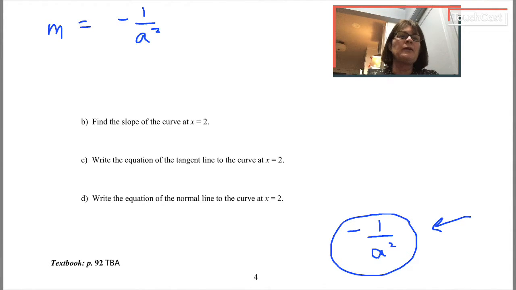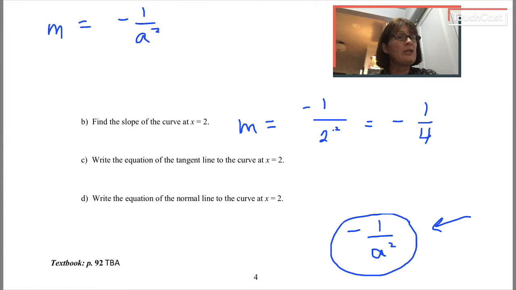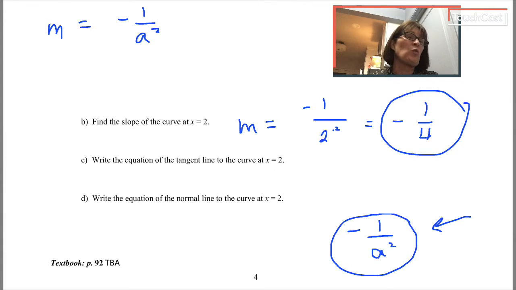Now I could use my formula. If I want to find the slope when x equals 2, m is going to equal negative 1 over 2 squared, which is negative 1/4. Can I write the equation of the tangent line to the curve at x equals 2? Well, I know the slope. I just found it. The other thing I'm going to need is a y-coordinate.